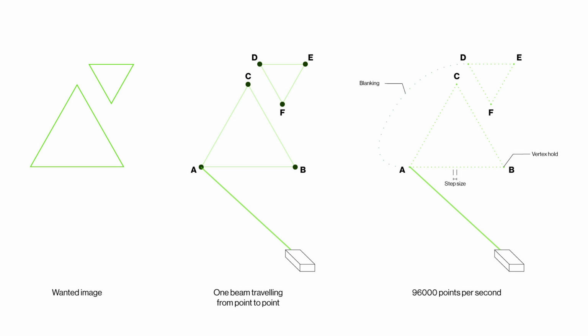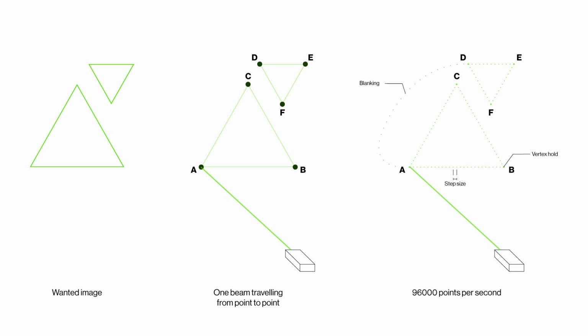To understand the Laser CHOP and to be able to optimize its parameters, I think it's important to have an idea of how a laser actually produces its images. If we see a laser drawing a triangle onto a projection wall, what we need to keep in mind is that a laser actually only outputs a single point, one beam at a time.